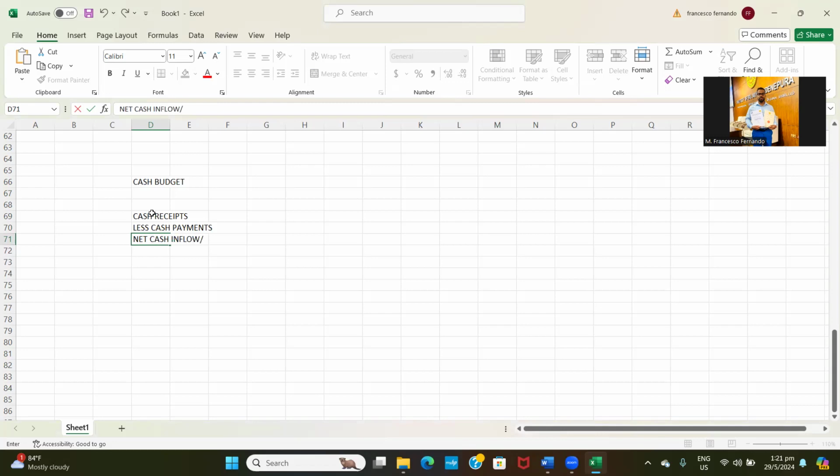What is meant by net cash inflow? If cash receipts are higher than cash payments, we call it net cash inflow. If cash payments are higher than cash receipts, it is called net cash outflow. Plus, at the end, we must add the opening cash balance so that we can derive the closing balance. So these are the steps to prepare a cash budget.